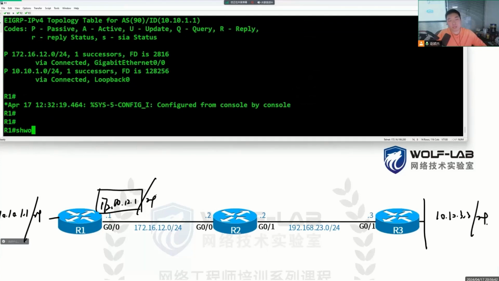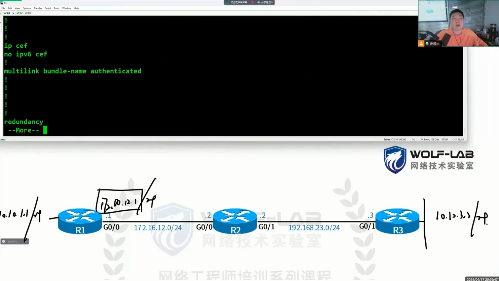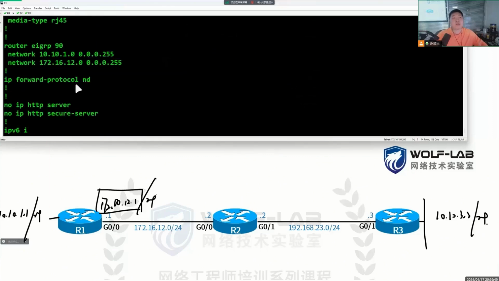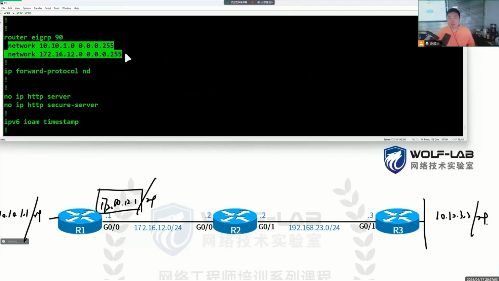This thing is called inverse mask. Then the inverse mask is very simple. Inverse of the mask. Turn our original 255.255.255.0, our original positive mask, our original subnet mask, inversion, what is it called?